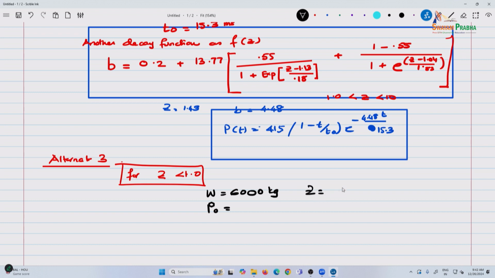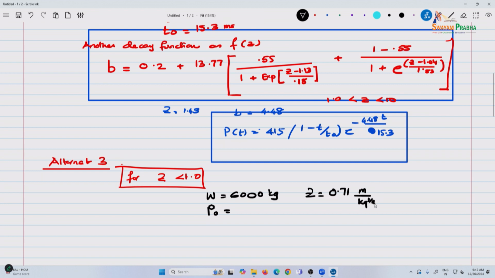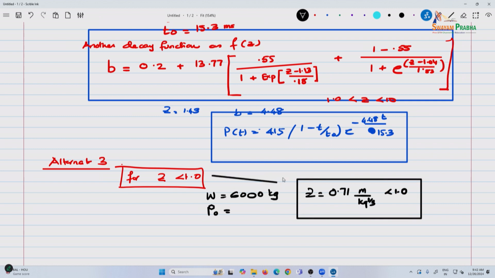and Z comes to, in this case I'm not given the R value, Z is 0.71, and so here you will see that this Z is less than 1.0. And P_0 is 1925 kilopascals, with I_s of 3035 kilopascal millisecond, and t_0 is 16.4 milliseconds.